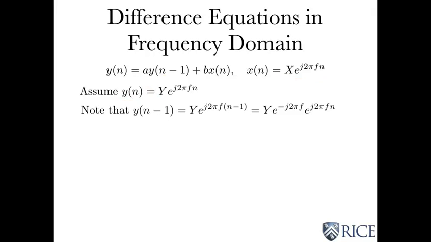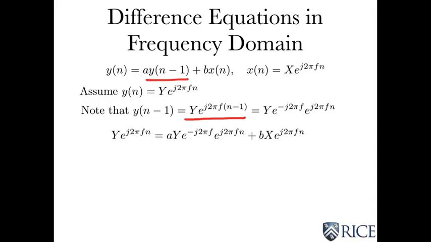So I'm just going to stick in these assumptions for y and x, and what you get is something that looks like this. And notice this intermediate term in here, y of n minus 1. When you stick that in for the complex exponential, a factor of e to the minus j 2 pi f comes out, and you're left with our friendly complex exponential. And that's what I used when I wrote this equation.